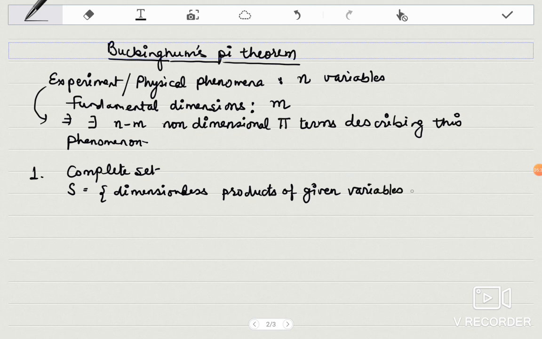In simple words, suppose I say that Reynolds number is a member of this S. Reynolds number is dimensionless, and it is a group of parameters. It is represented as the ratio of inertia force to viscous force, and in terms of parameters it is rho u L upon mu.